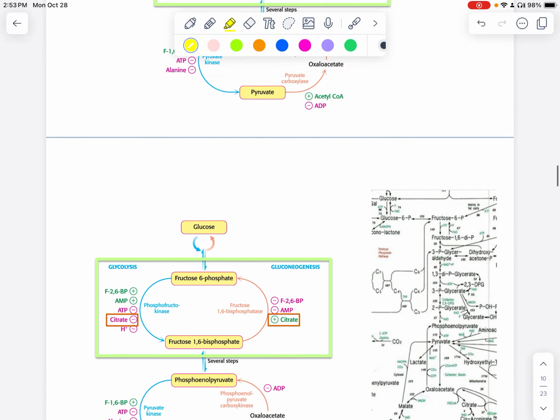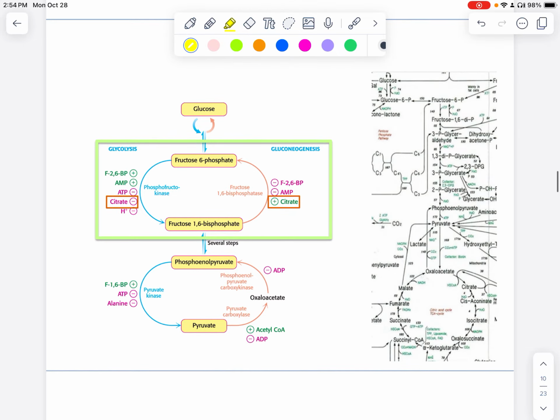All right, onward. Let's talk about citrate. So if we come over here in our metabolic cycle, we've got glucose, we've got pyruvate, and then citrate is down here.